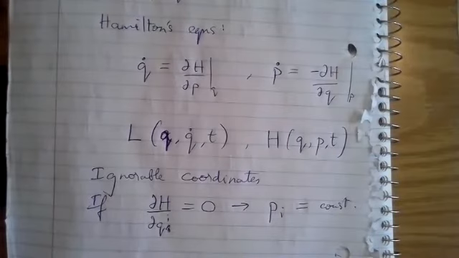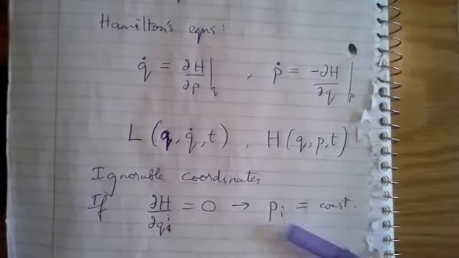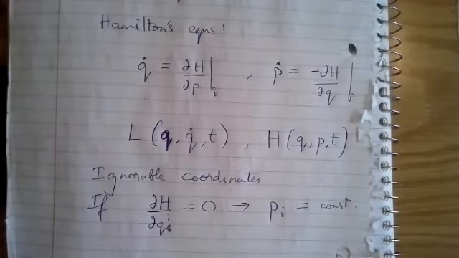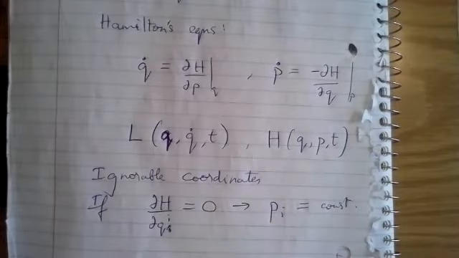So we could do this again in the polar coordinates case for a central force and show that the angular momentum, which would correspond to the momentum conjugate to the phi coordinate, will be constant.